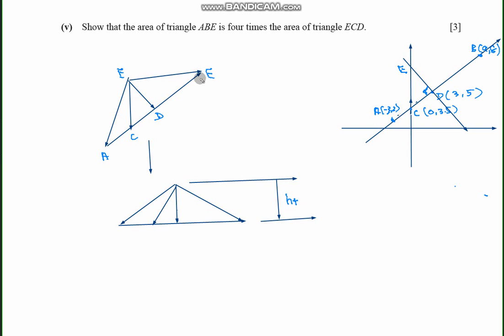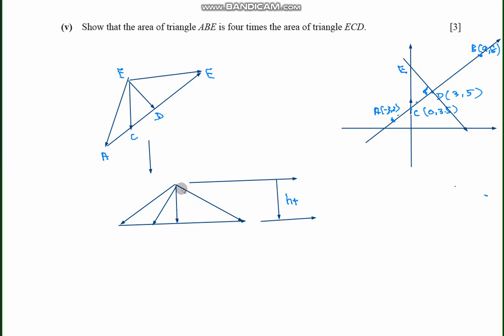I cannot change the label because my pen is not working, but you know this is A, E, B. Now if I reorientate it, it will look like that. If I want to prove this area is only 1/4 of this big triangle, it's very simple.